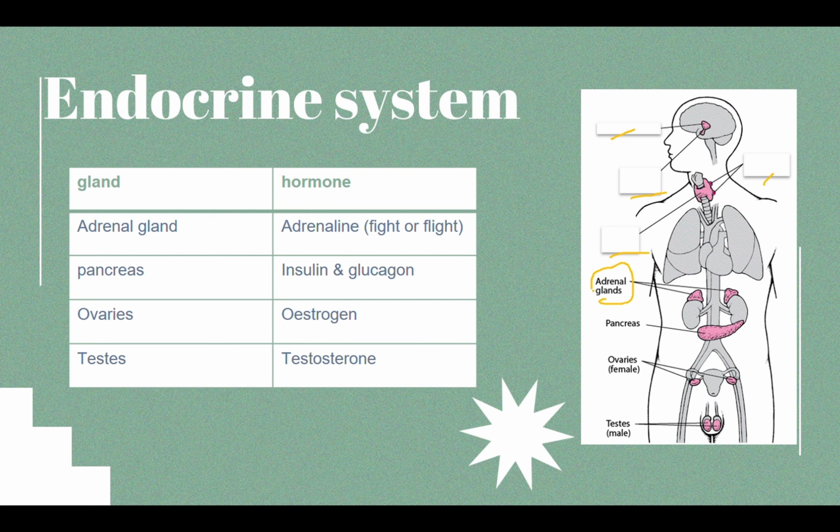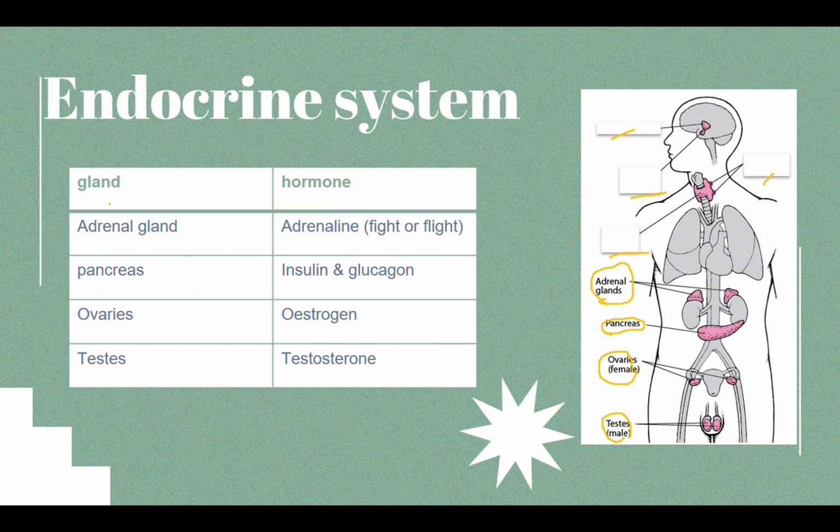You need to label it. It is above the kidneys, and then the pancreas right here. It looks just like an almond. If there were a stomach right here you could see it, but they're not including that. It is below the stomach, I guess. And then we have ovaries for females only, and testes for males only.